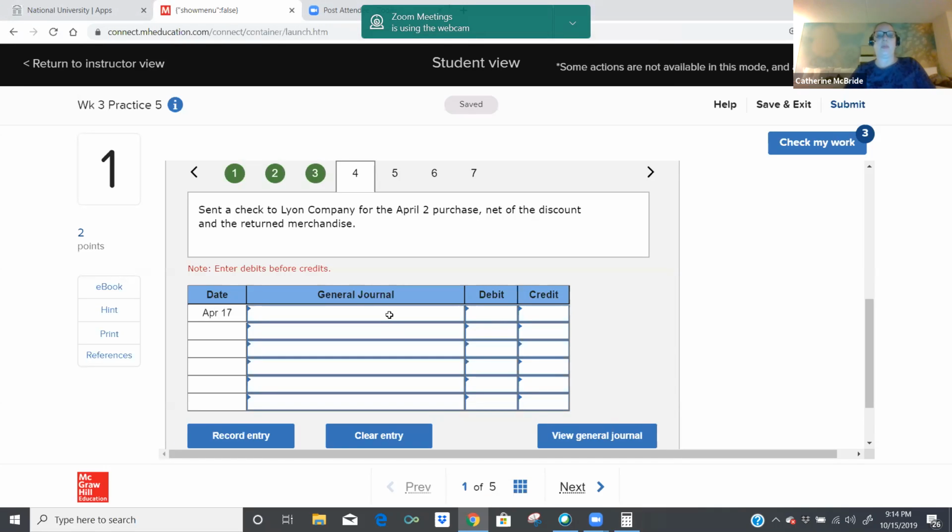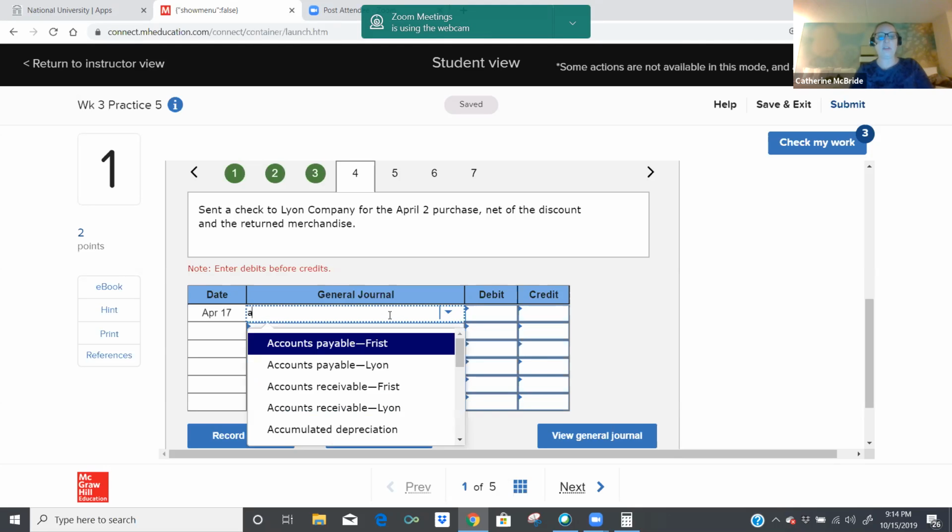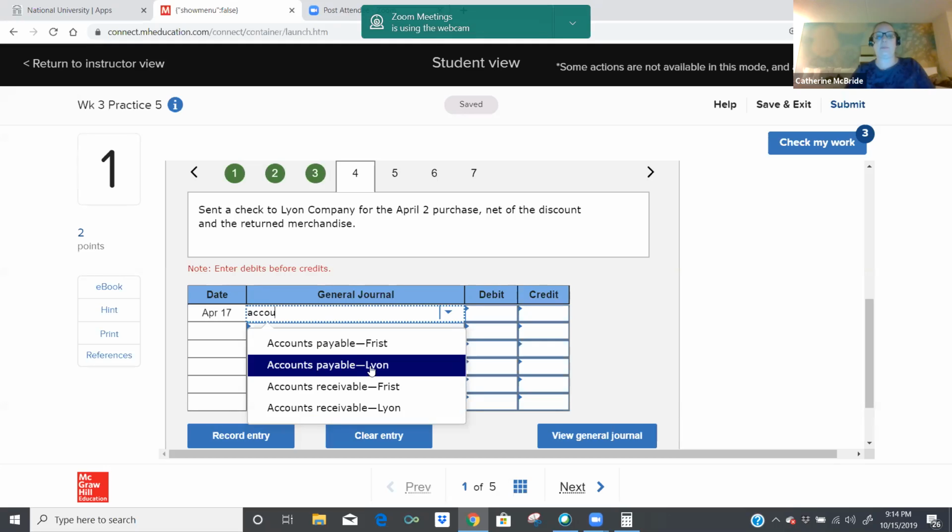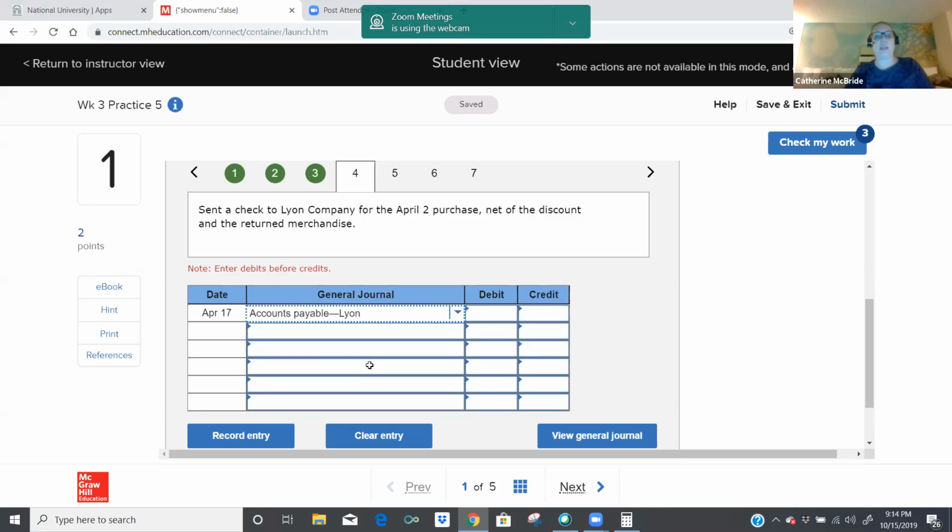So I know that I'm going to reduce my accounts payable. Now you have to think, how much did I owe them? I owed them $5,800, but I'm going to send them a check for $5,684. But I owe them $5,800. So since I owe them $5,800, when I'm done mailing this check, how much do I owe them? I don't owe them anything because I get a discount.